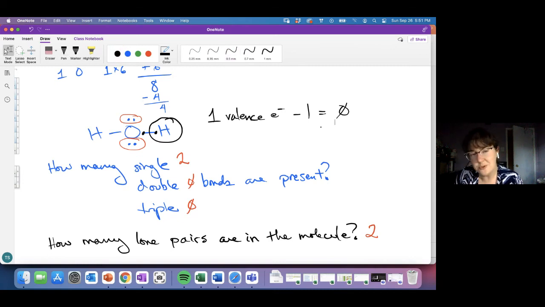So hydrogen, as long as it has one single bond and that's all, hydrogen's good to go. So it's always worth checking, because if you did have a double bond to hydrogen, that is bad. Hydrogen does not get double bonds. It can't handle it.